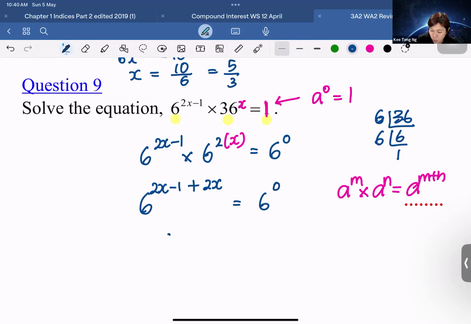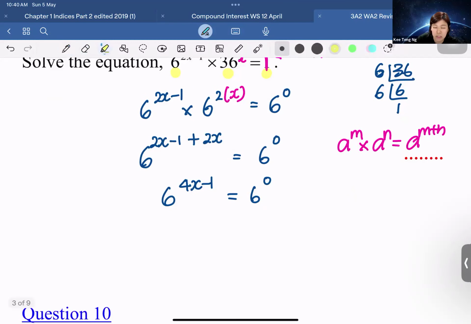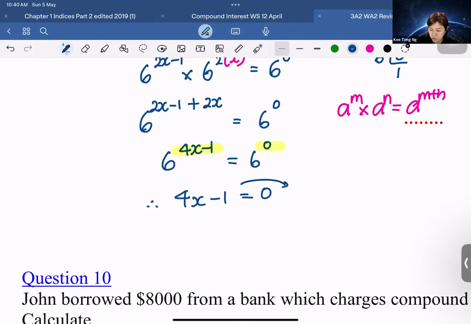Let's simplify our power. 2x plus 2x is 4x minus 1. Okay, so comparing the powers, since the base are the same, 4x minus 1 is equals to 0. Shift the 1 over. 4x equals to 1, x equals to 1 over 4. Again, I'll leave my answer as a fraction.